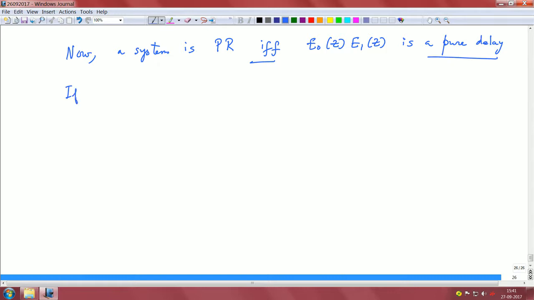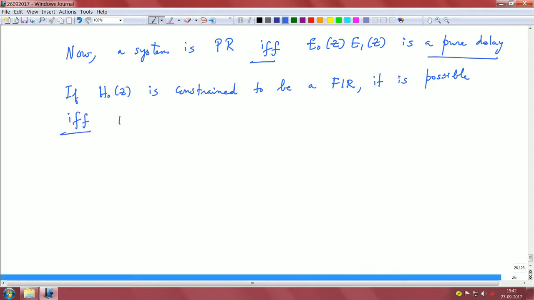So, if H naught of z is constrained to be a finite impulse response filter, it is possible if and only if E naught of z and E1 of z are pure delays.